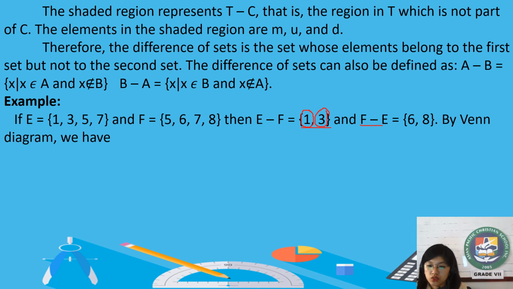Okay. So next, we have F minus E. Look at the elements of F. We have 5 here, then 5 here, so we do not need to write it.